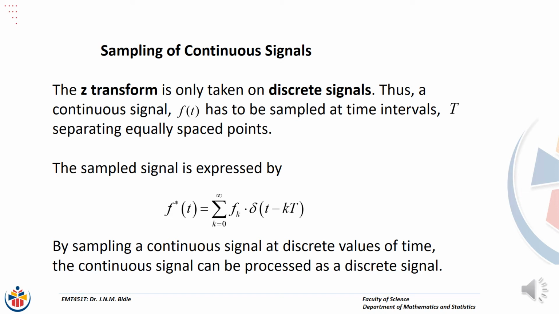We go on to sampling of continuous functions. We need to realize that the Z transform is only taken on discrete signals.